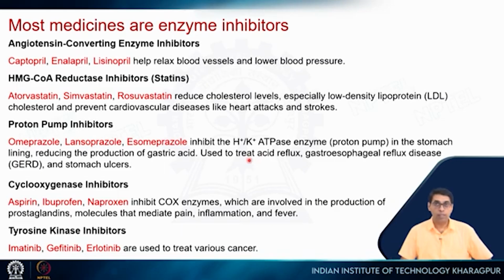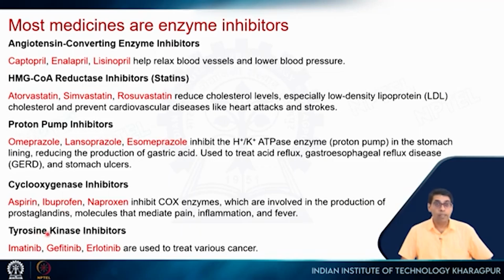They inhibit the proton potassium ATPase enzyme, which is basically a proton pump, and thus they reduce the acidity of your stomach. Then there are COX enzyme inhibitors. COX is cyclooxygenase. These inhibitors help us relieve pain, and these are names you might have seen, very common: aspirin and ibuprofen, right?